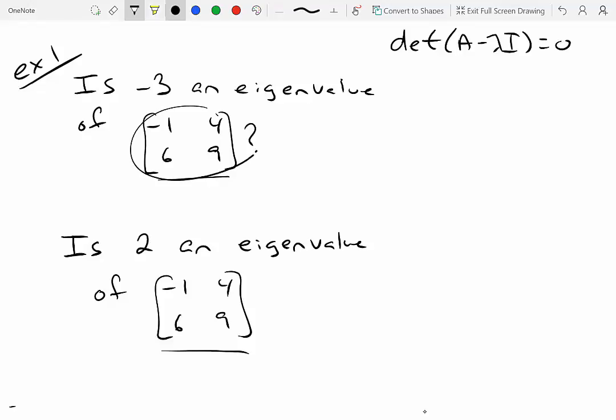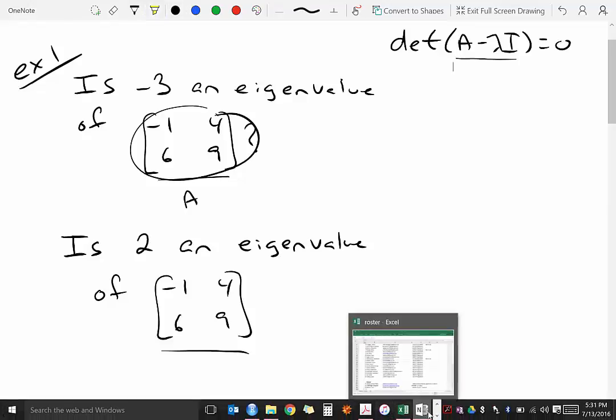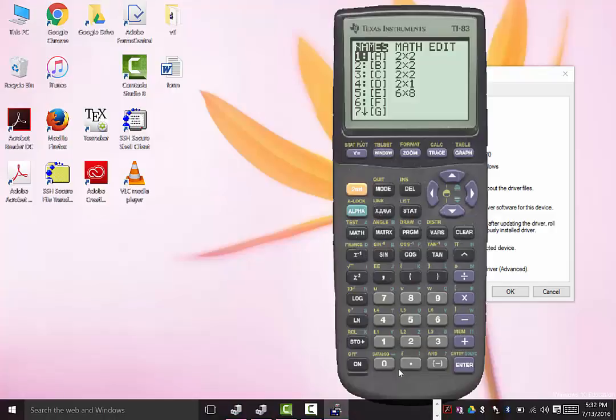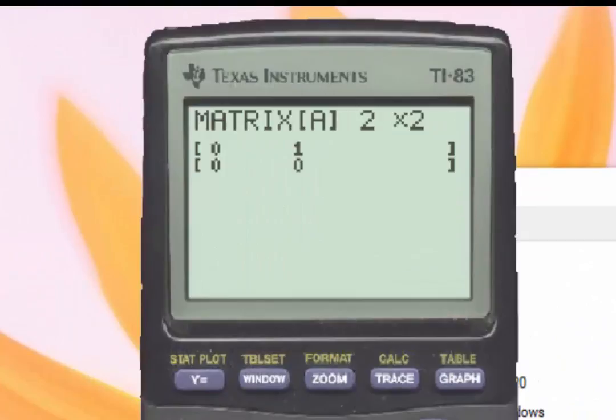So if this is my matrix A, then I just need to calculate the determinant of A minus lambda I. I'm going to move to my calculator here, and I'm going to put in that matrix. This is the 2 by 2 matrix, -1, 4, 6, and 9.